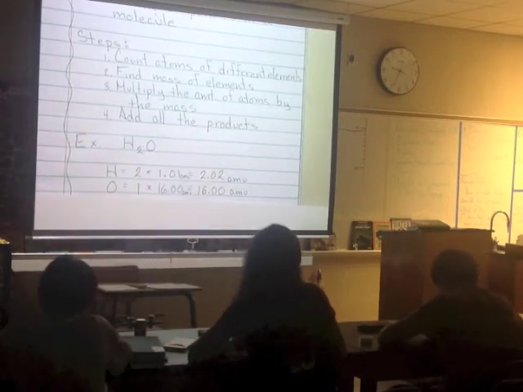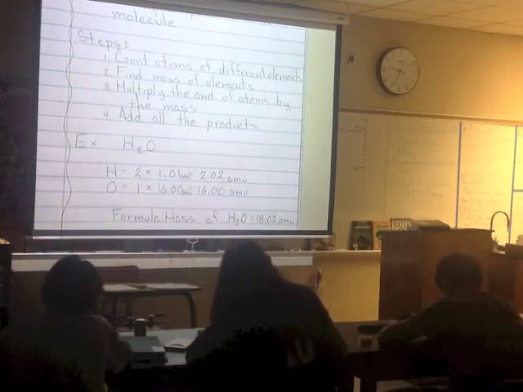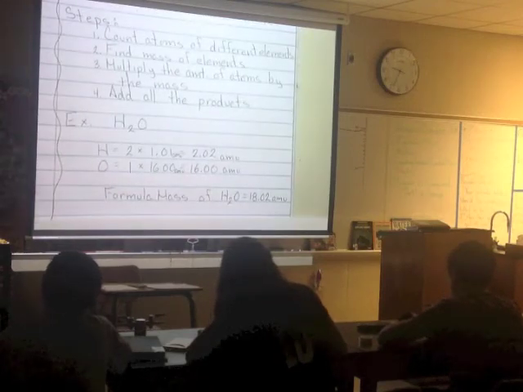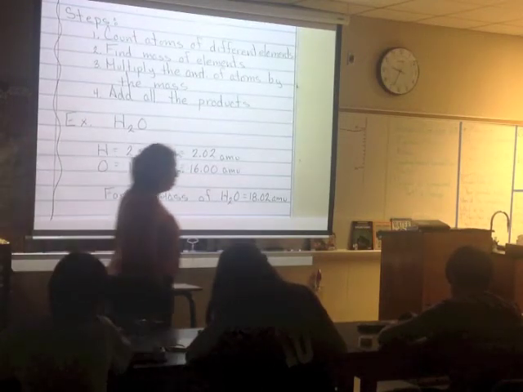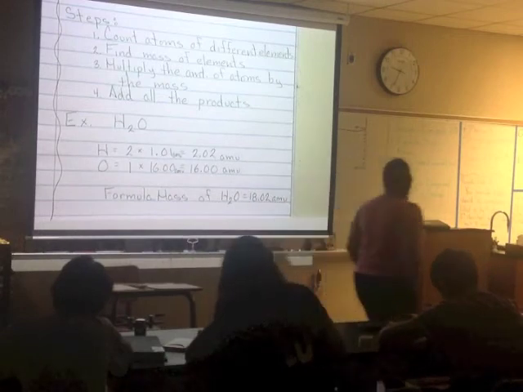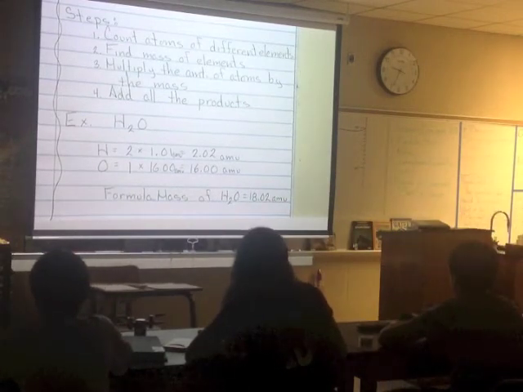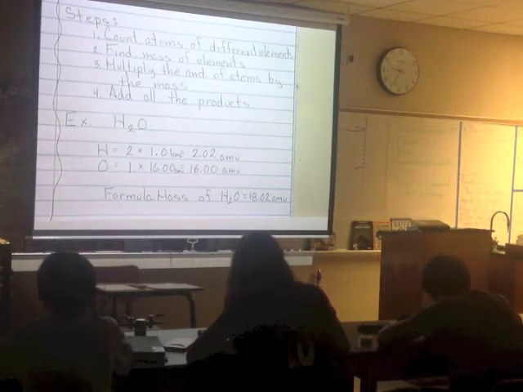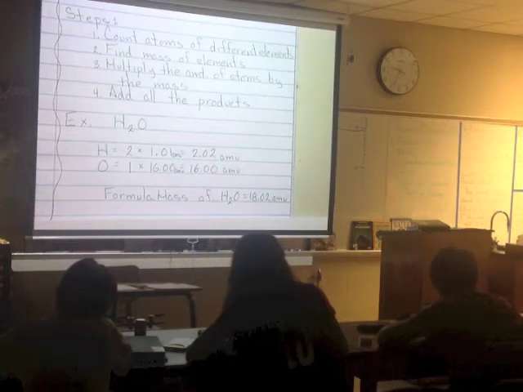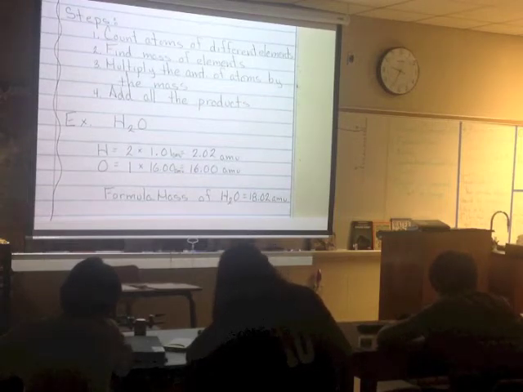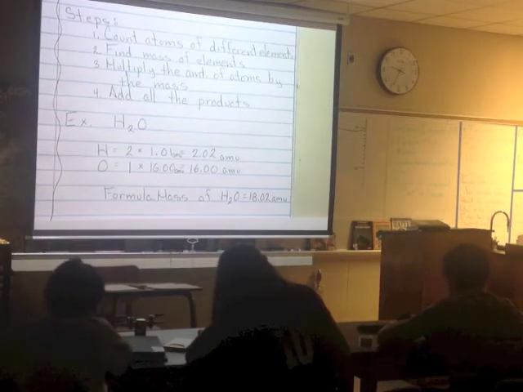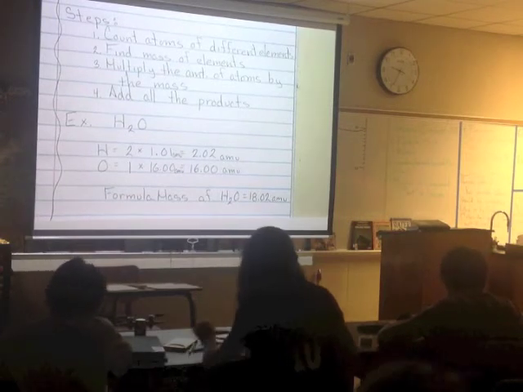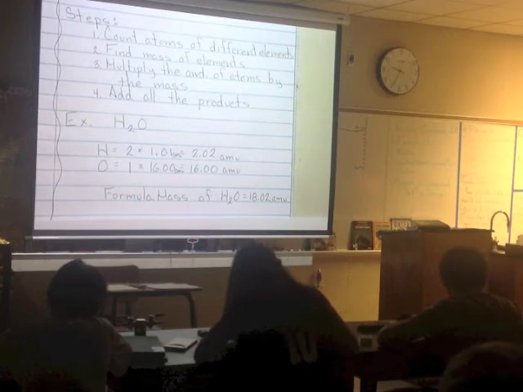So if I add them, my answer ends up being 18.02. So the formula mass of H2O, which is water, is equal to 18.02 AMU. So technically, the hardest part of this entire process is to make sure that you count the atoms correctly. If you do that, everything else is simple.